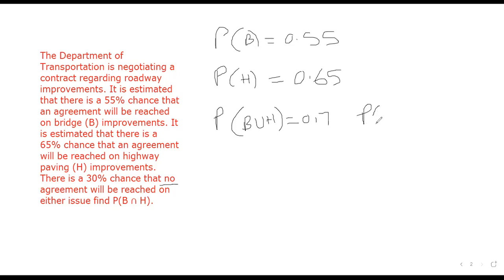Them not agreeing is the opposite, B union H complement. It means they have not agreed. That's why we put a complement there. It's 0.3. We're together? Yes.